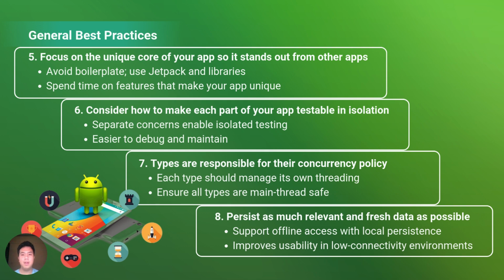Fifth, focus on the unique core of your app so it stands out from other apps. Sixth, consider how to make parts of your app testable in isolation. Seventh, types are responsible for the concurrency policy. And eighth, persist as much relevant and fresh data as possible.